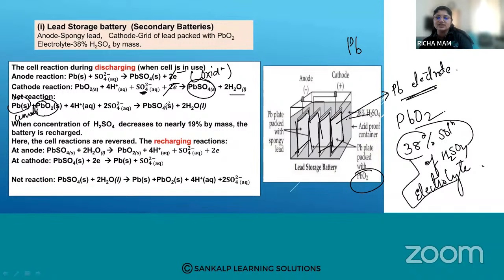So it will discharge, and then when you put it to charge again, it will be converted back into lead and the paste of PbO2. The reverse reaction takes place because you are charging back, so again you get back the spongy lead and PbO2 respectively.